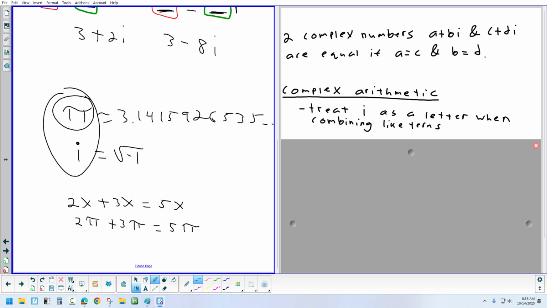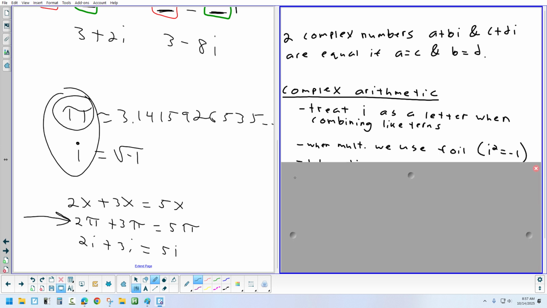Same thing works with i. When you have 2i plus 3i, you're basically doing exactly what you did right there. 2 of a number plus 3 of a number is 5 of a number. In our case, that number is i. Okay, so that's how combining like terms works.